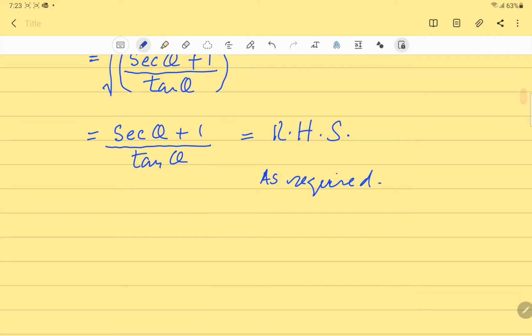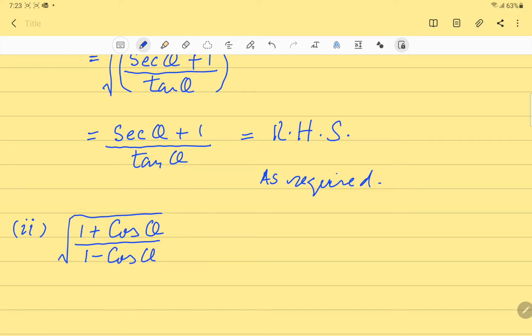Now we move on to our second question. Our second question is the square root of 1 plus cos theta over 1 minus cos theta is equal to sin theta over 1 minus cos theta.